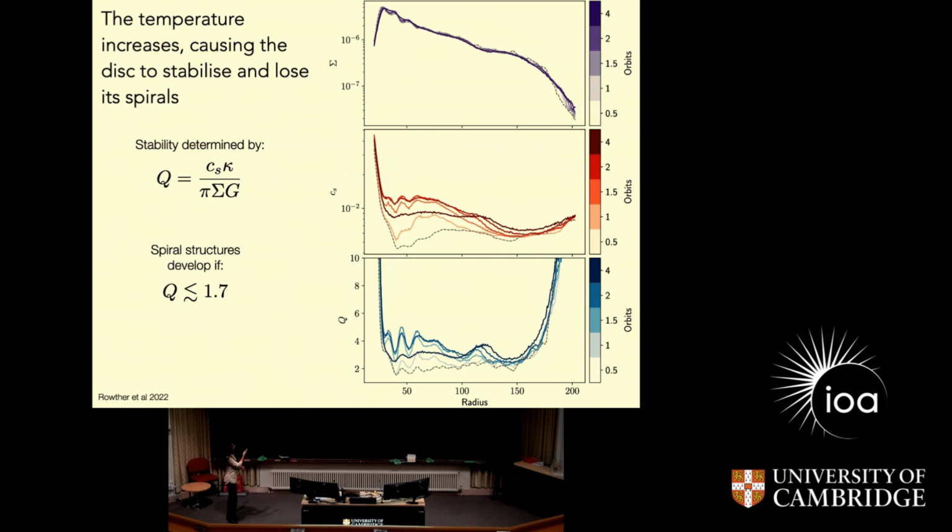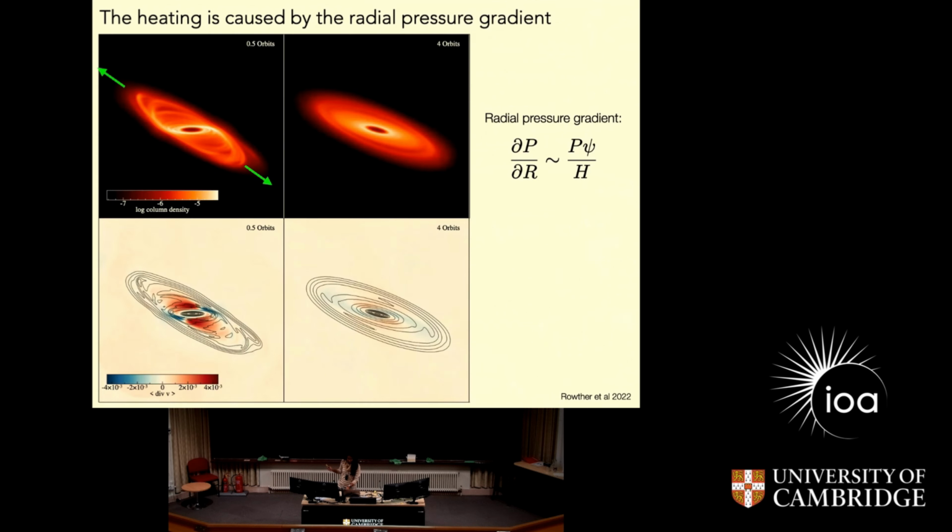Recall that if we increase our Q, our spiral structures could disappear. We only have spiral structures if the Toomre stability parameter is roughly less than about 1.7. So again, it's not the disk mass that's changing, it's the temperature that's changing here.